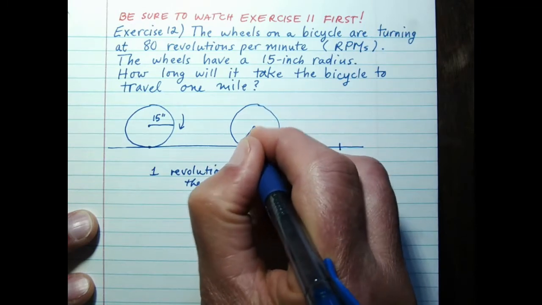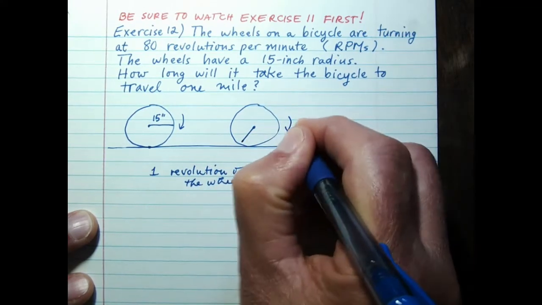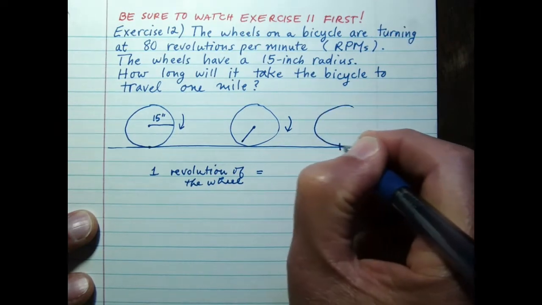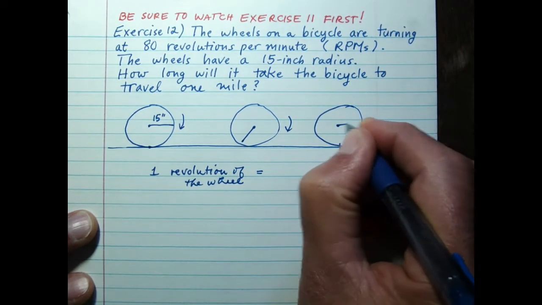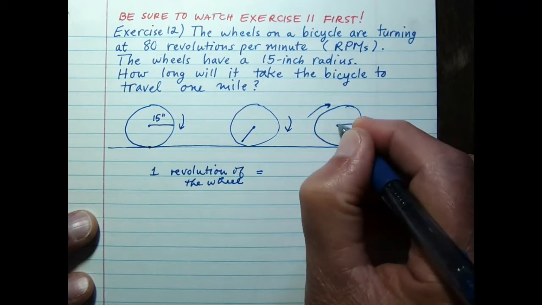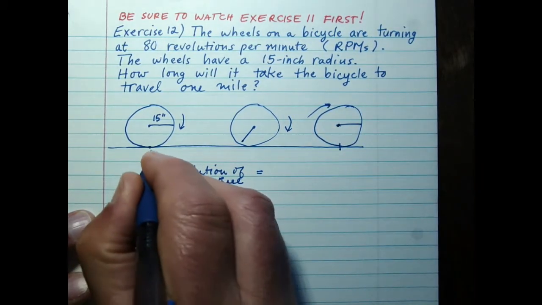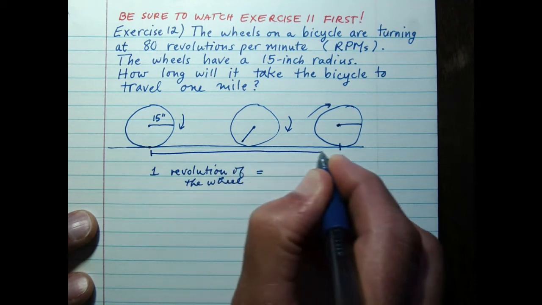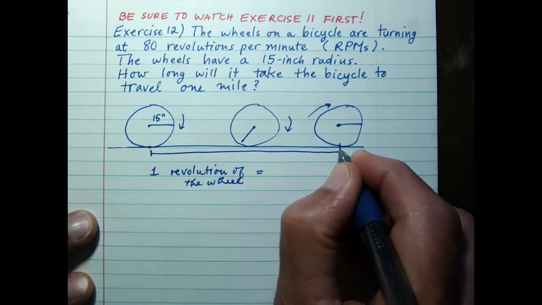Maybe that radius is sticking out this way, and by the time it gets here, it's back to its original position. So 1 full turn of the wheel takes us this distance.